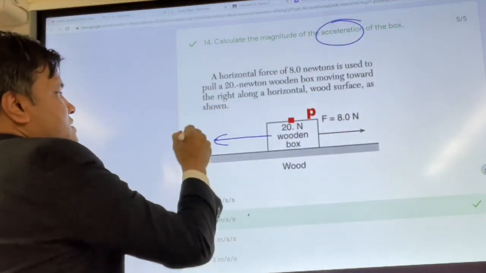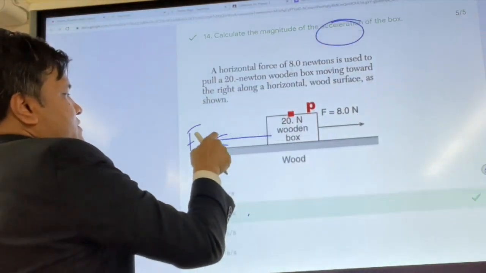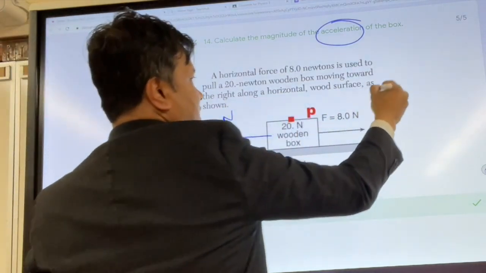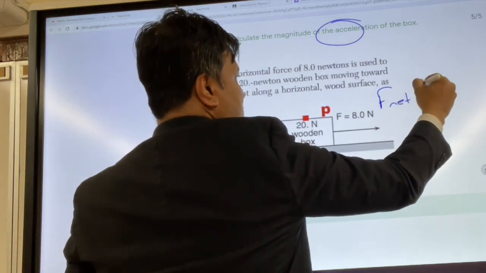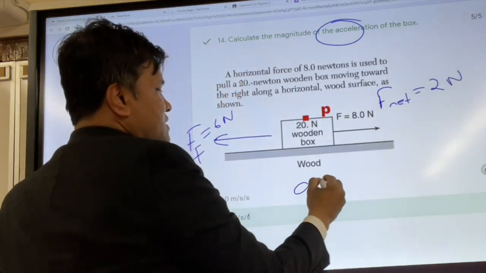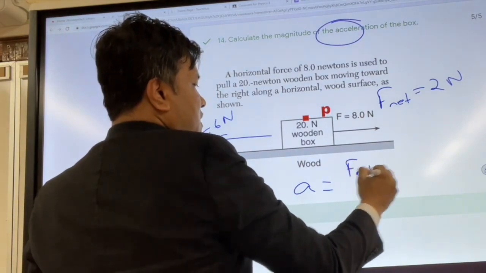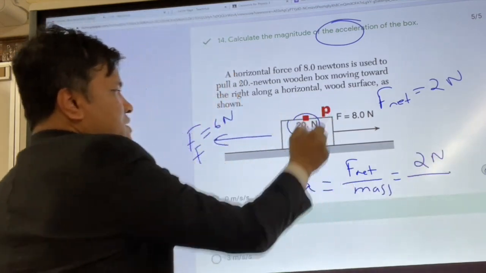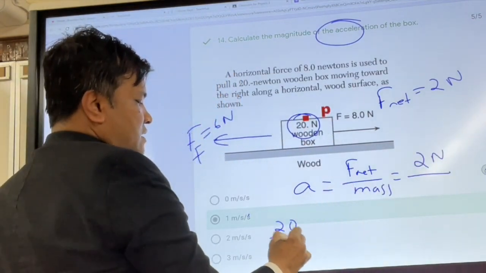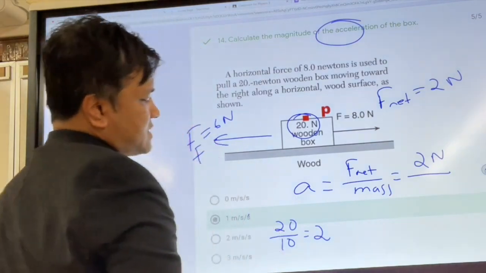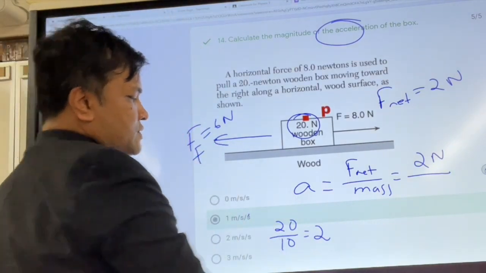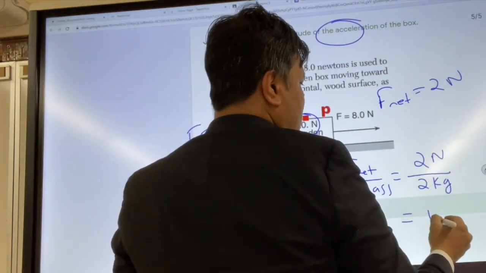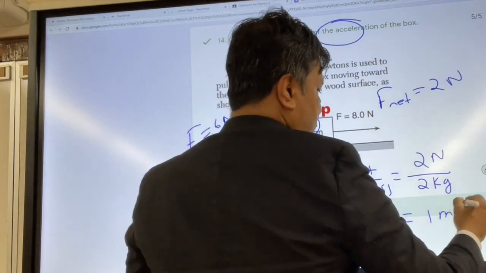We know Ff is 6 Newton, so F net is 2 Newton. Acceleration is F net over mass. F net is 2 Newton, mass is 20 divided by 10, which is 2 kilogram. So 1 meter per second squared.